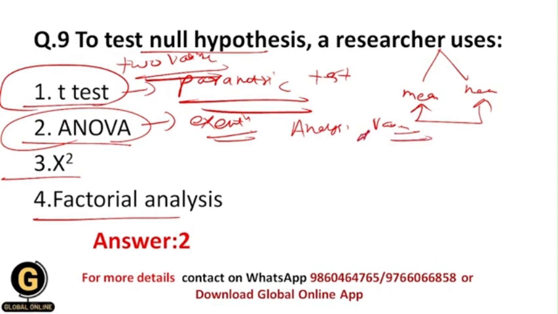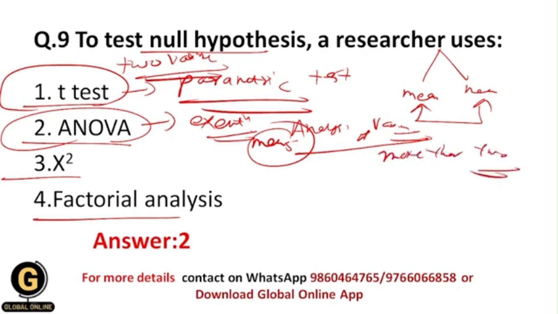Okay, this is the analysis of variance, and within the ANOVA test we are going to compare the means of different groups, but here we can compare more than two variables at a time, and that's why ANOVA test is more favorable than t-test, okay. And that's why researcher uses ANOVA to test null hypothesis, because sometimes in a research process there are more than two variables. So in that situation we need to use ANOVA than t-test, okay.